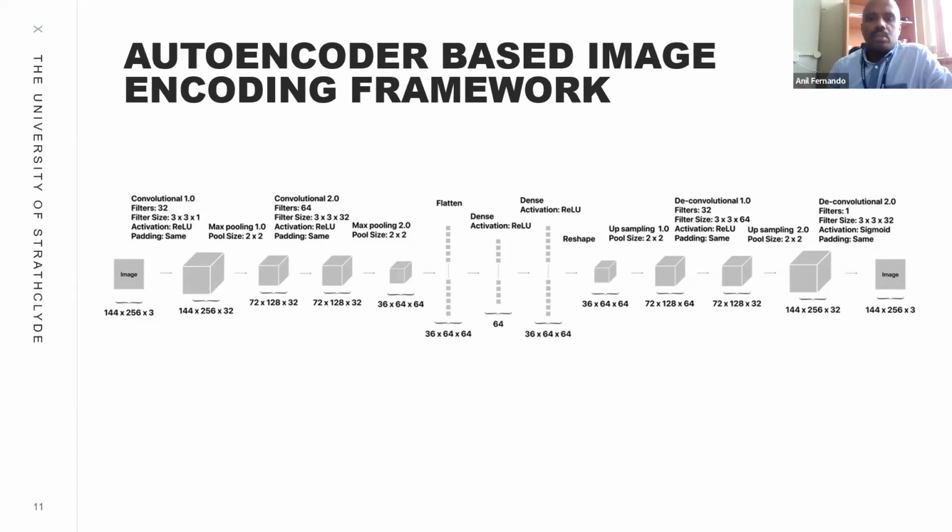Then at the receiving side, we have another two deconvolution layers to convert it back to the received image, which has a very high correlation with the original image. This is a snapshot of the autoencoder that we have been using in this framework.